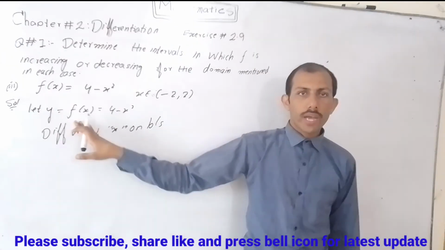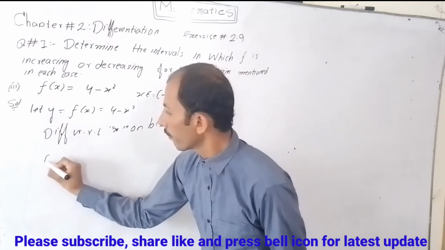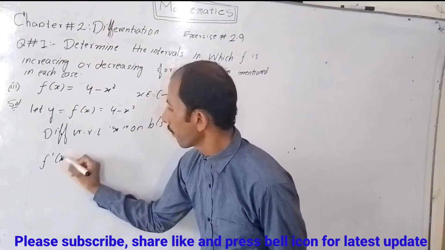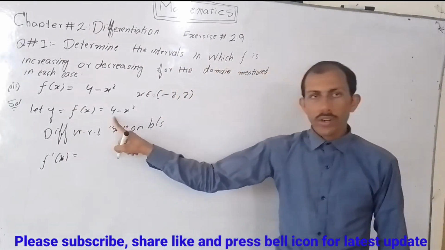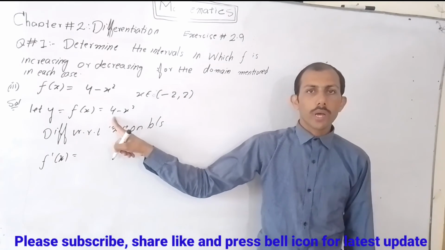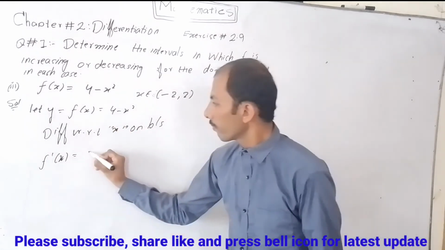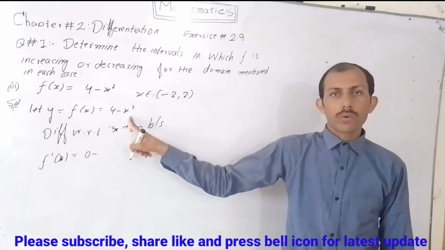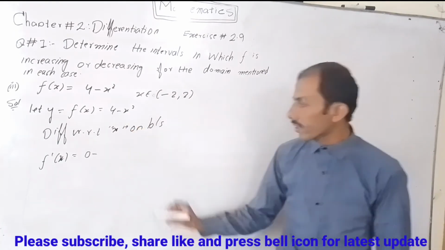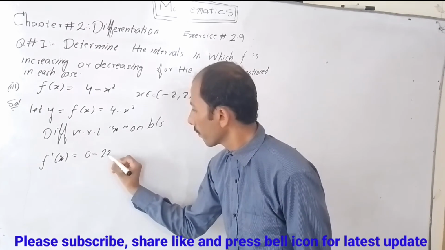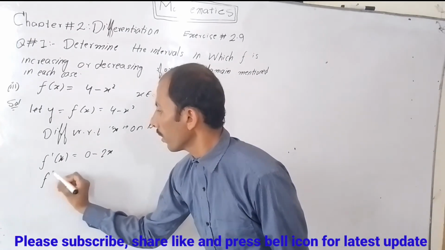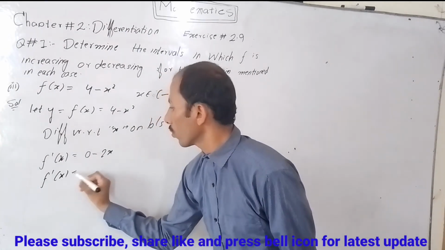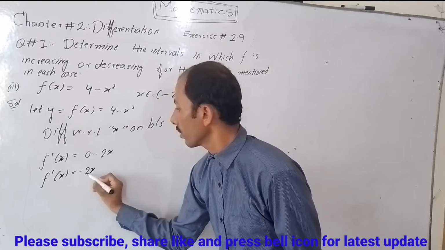F prime of x is equal to the derivative of 4 with respect to x, which is 0, minus the derivative of x square with respect to x, which is 2x. So f prime of x is equal to minus 2x.